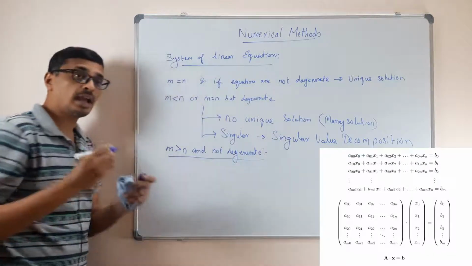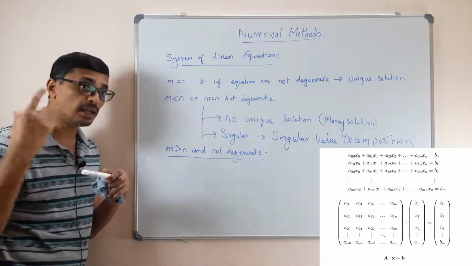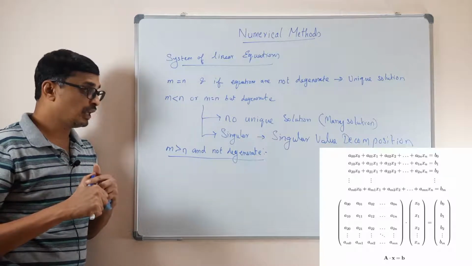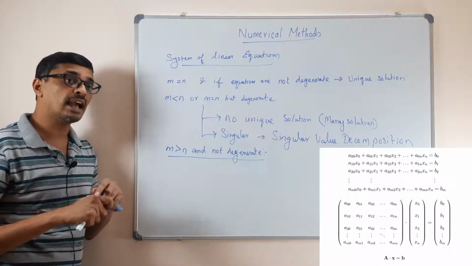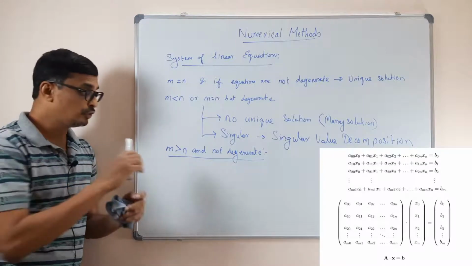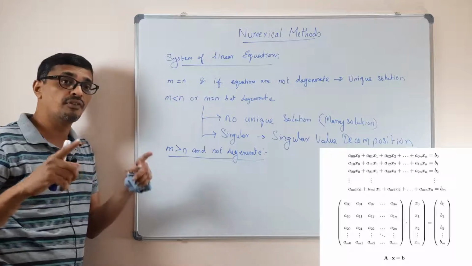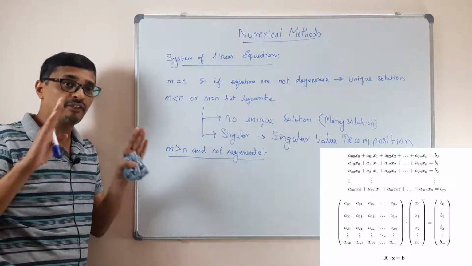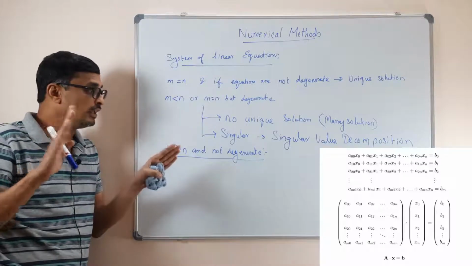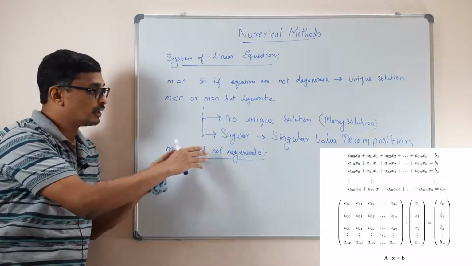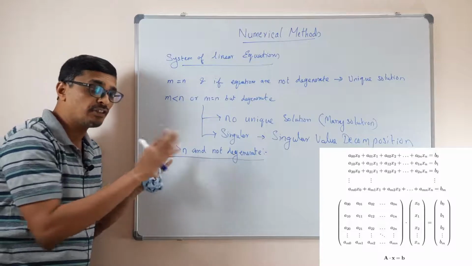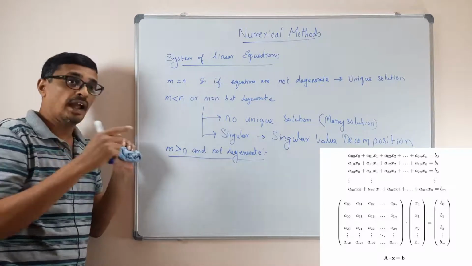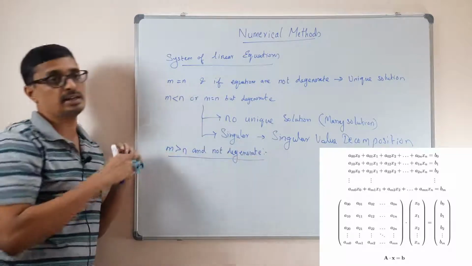Then you will not have a unique solution, and if those equations are not degenerate, we will not have a solution at all, because there won't be any set of variables which satisfies all the equations.